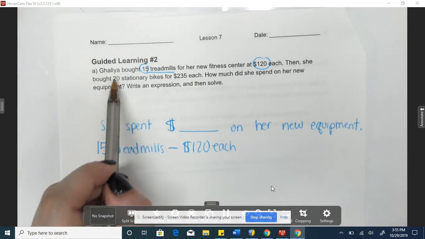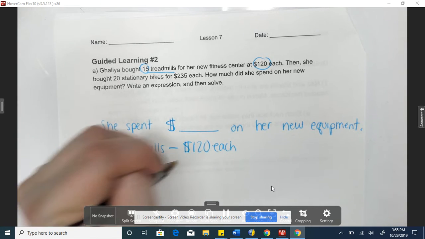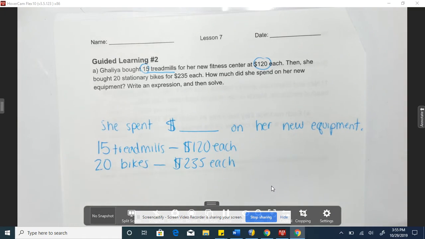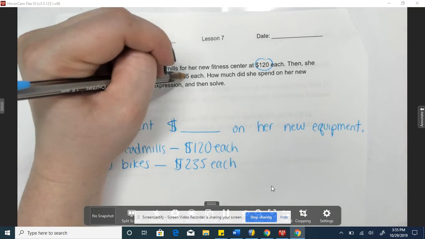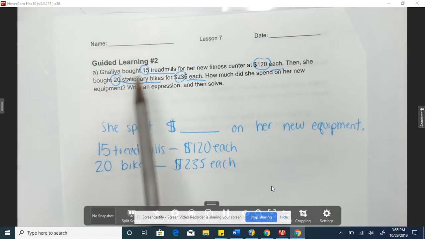And then 20 bikes, $235 each. Okay, so 20 bikes, $235 each. Okay, so I just circled and underlined some important information in my problem.